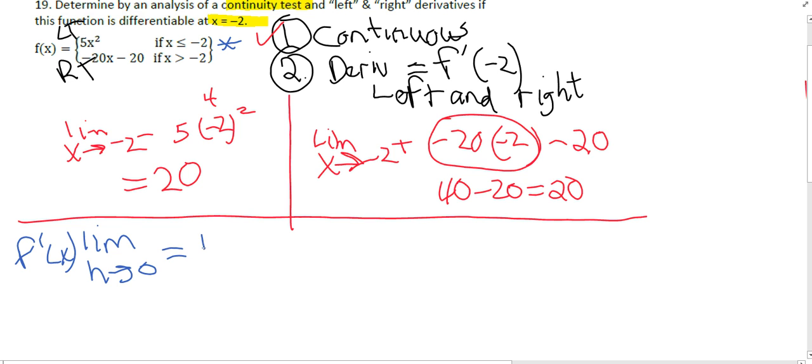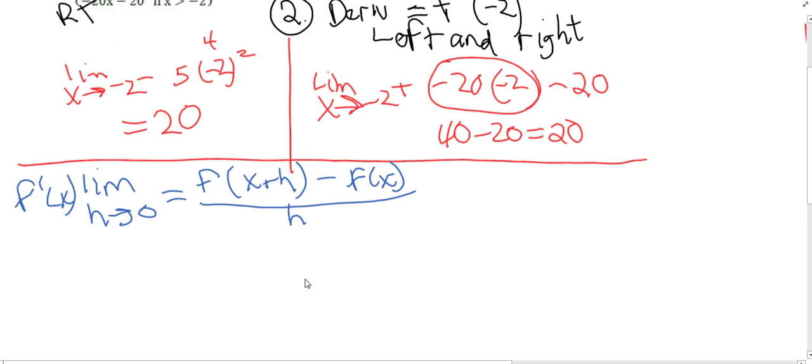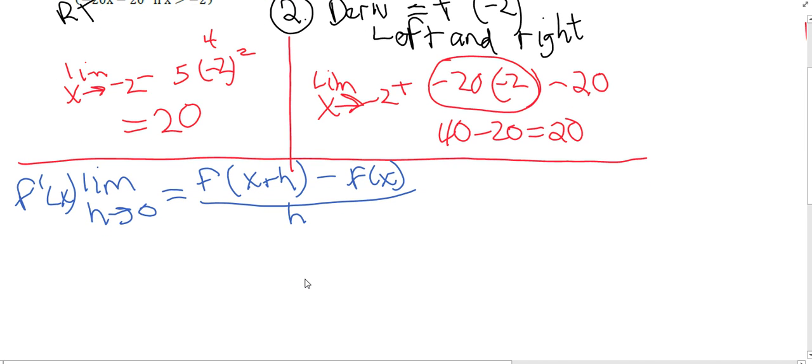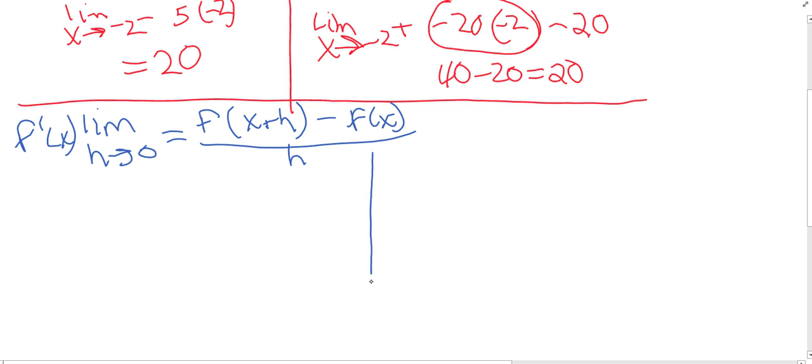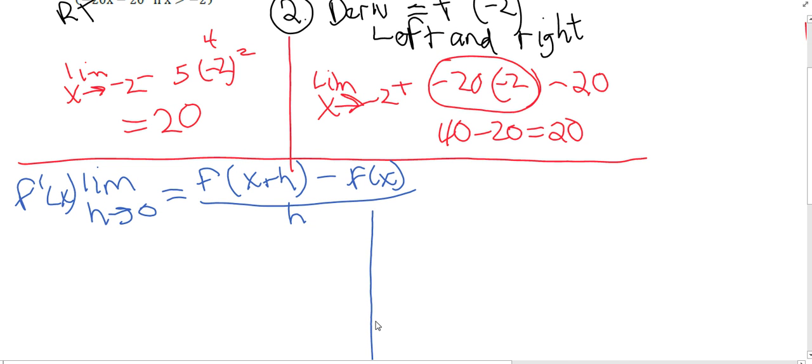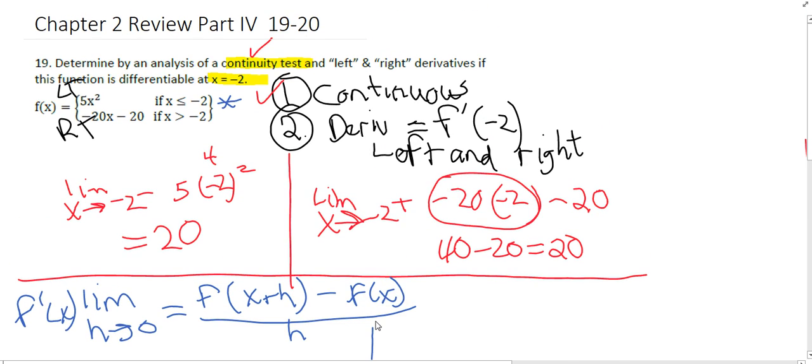So this would be, of course, just to review your limit definition of a derivative, all over h. So I think we'll do this one, and we'll just split this page up right in half, and we'll take a look at the first derivative, which is 5x squared.